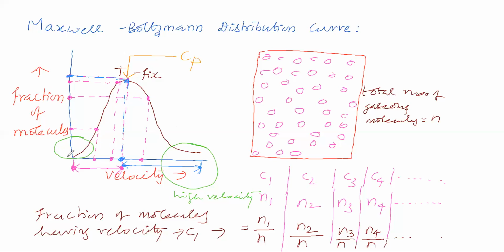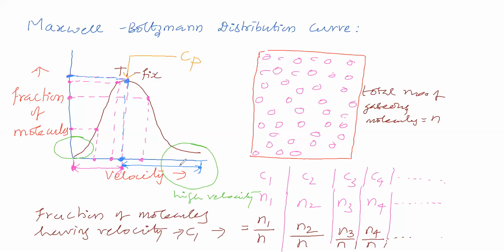We need not consider this place now. This higher velocity is possessed by what fraction of molecules you see in the graph? Compare that value with this velocity side and this velocity side.